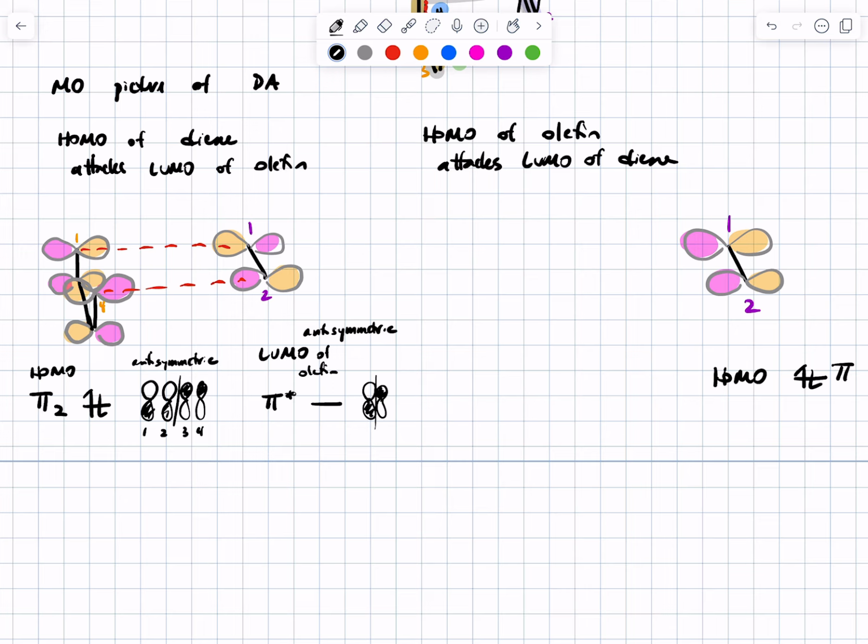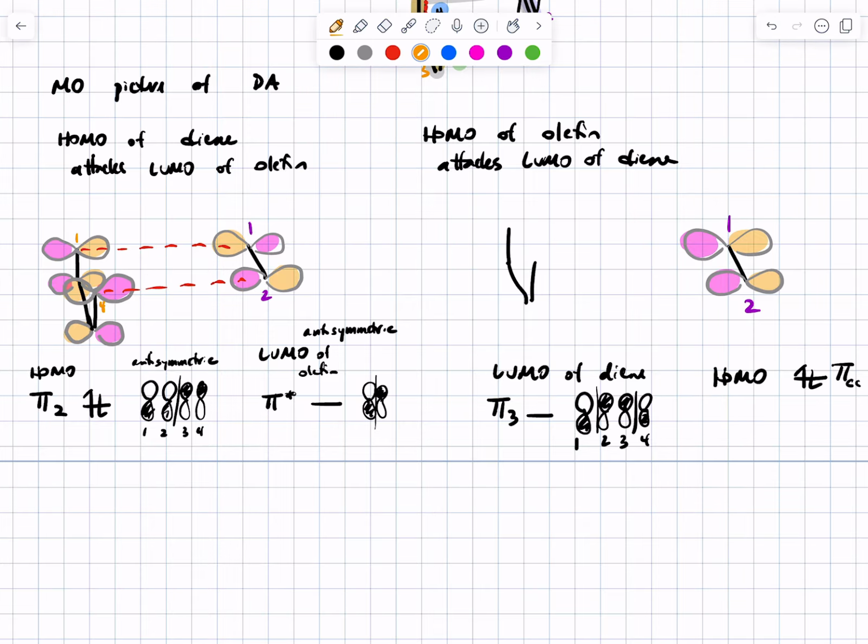And then if we draw the LUMO of the diene, it's actually pi 3, which is an empty orbital. If you remember from last time, that pi 3 orbital has two nodes, and we drew it like this.